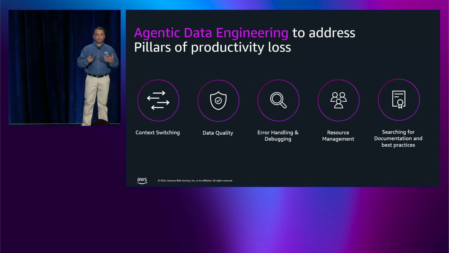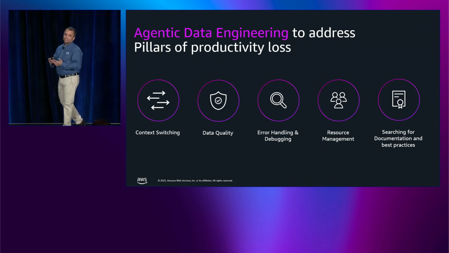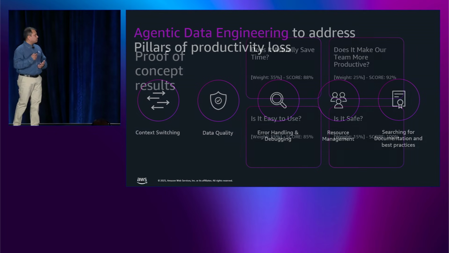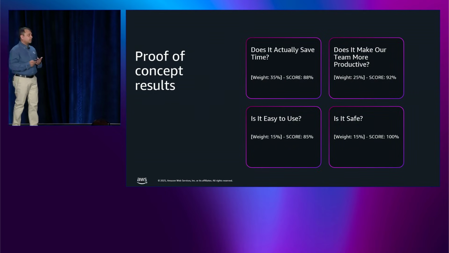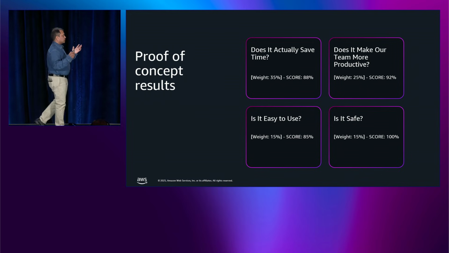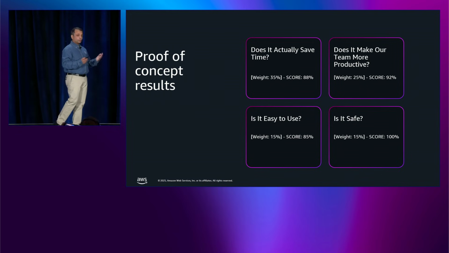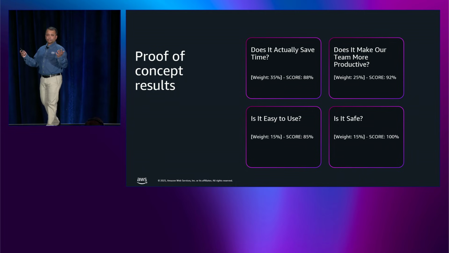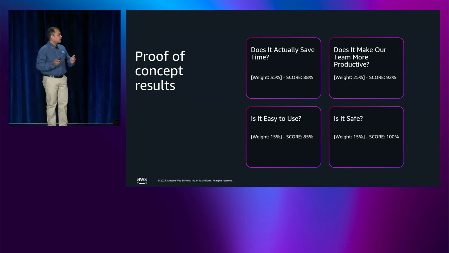These productivity losses will be reduced with agentic capabilities. Here are some of the results from any company. It is saving a lot of time for sure. It is productive, and it is easy to use, with very simple options to configure, right? And at the end of the day, yes, it is safe. There is a good number of levers to keep everything safe.